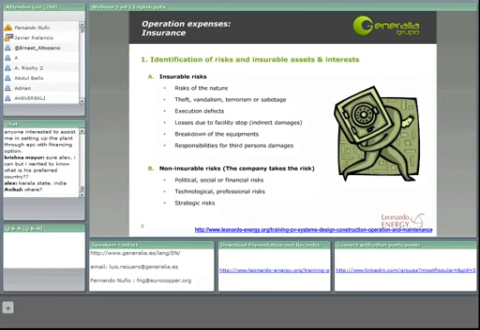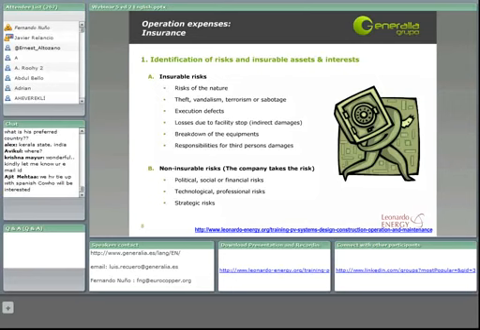On the other side, we have some examples here of non-insurable risks. They would be, for example, the political, social or financial risks that can happen if the tariffs change due to a political decision, or if the loan interest varies drastically and we have not considered that in our profitability analysis.